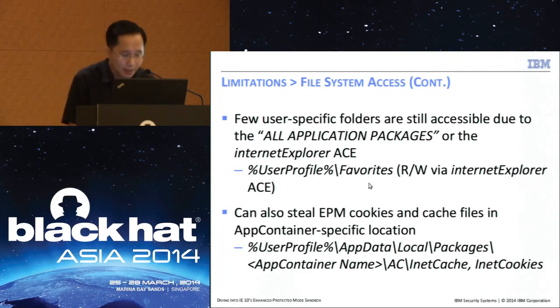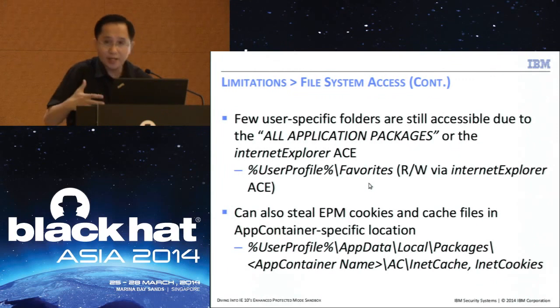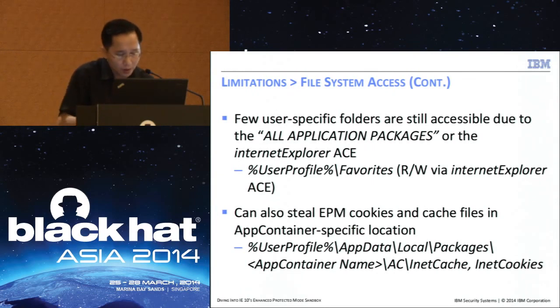But more importantly, EPM cache files and EPM cookies, which contain potentially sensitive information, such as website authentication information, or may contain personal information, can also be stolen because they are stored inside the app container specific folder, to which the app container process has full access.